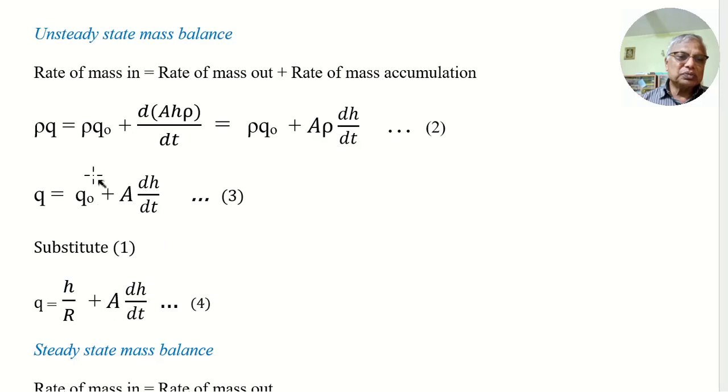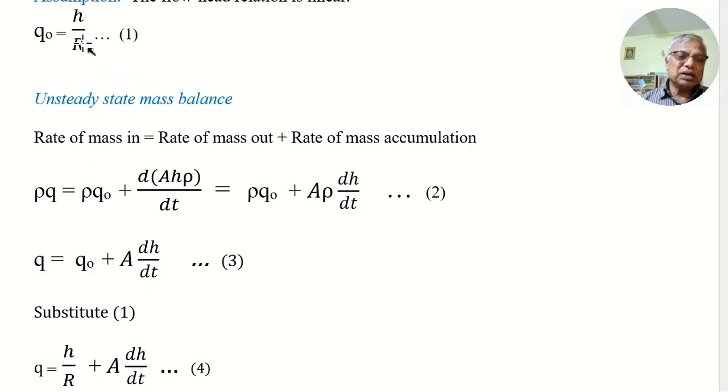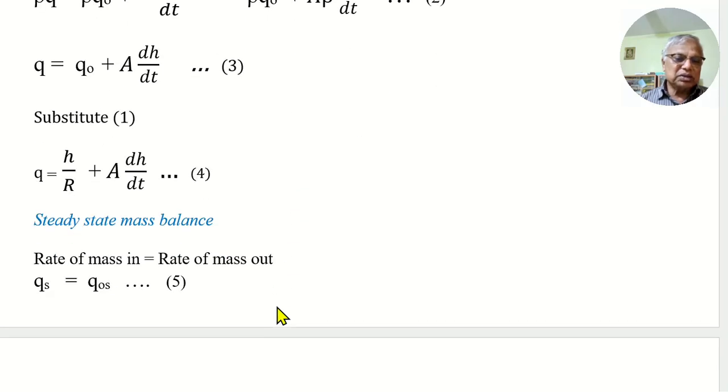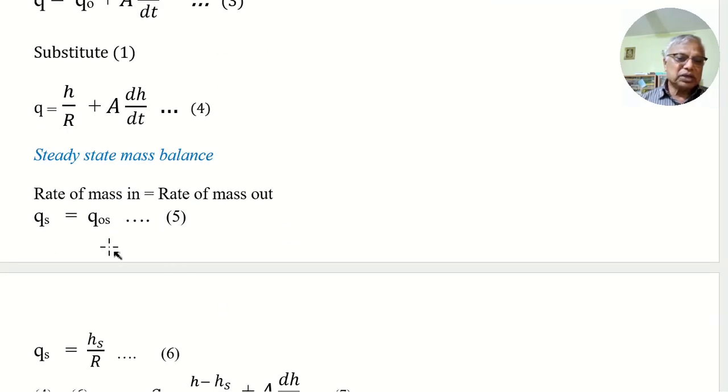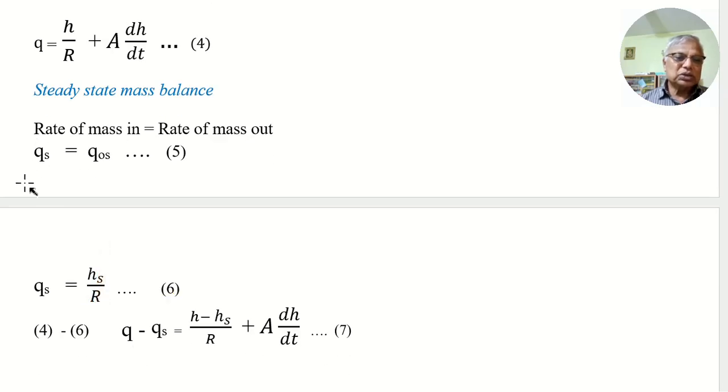Equation 1 is Q naught equals H by R. At steady state, the variables are denoted with the subscript S. That is our usual notation. So at steady state, this equation becomes Q naught S equals HS by R. Instead of Q naught S, HS by R is substituted. So this is equation 6 at steady state.